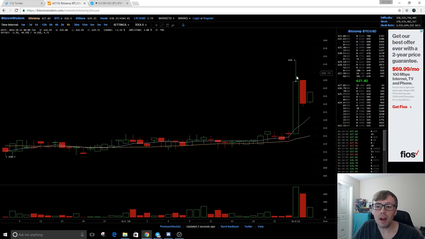You might not only have a wick above the candle, but you actually might have a wick below the candle. But in this particular candle here, we had a price that opened at 616.